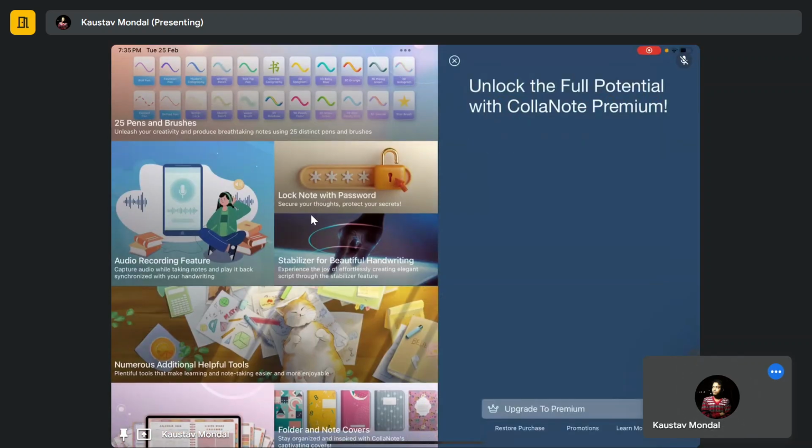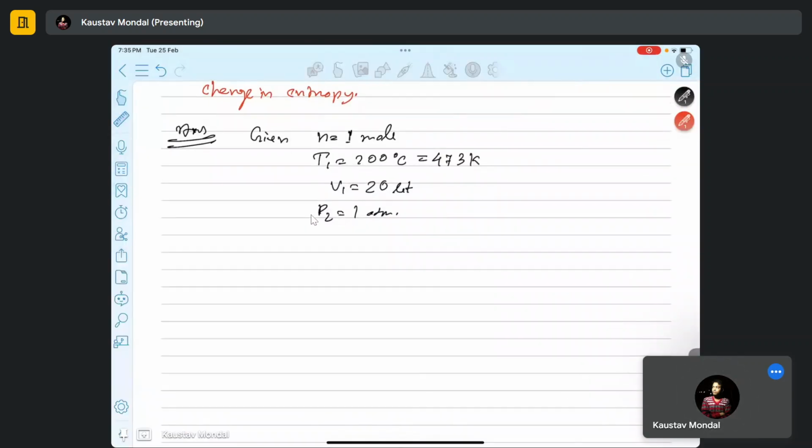P1 V1 equals nRT1, so P1 equals nRT1 by V1.